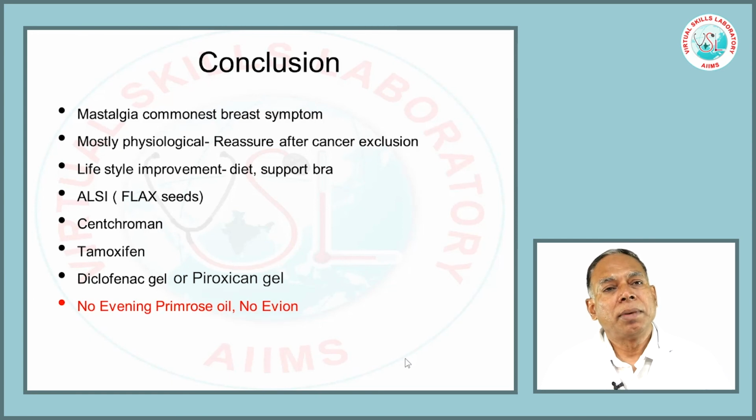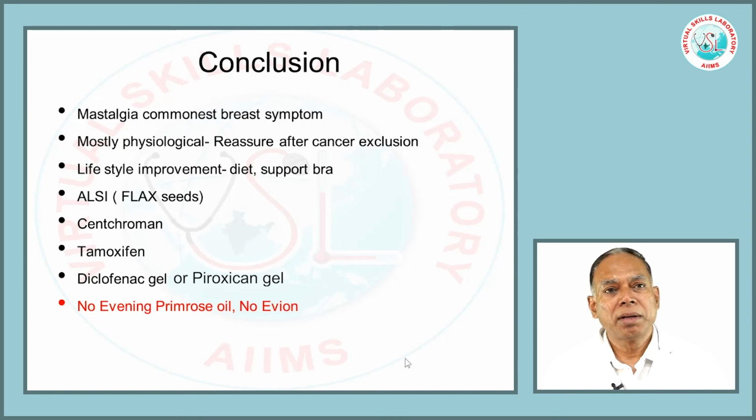Some women may require use of systemic drugs if pain is severe, lasts for more than 1 week in a menstrual cycle, or is more than 3 on a scale of 0 to 10.